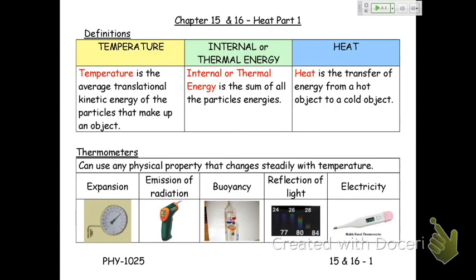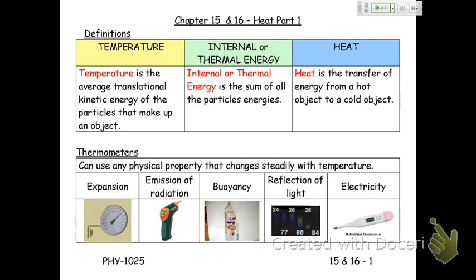The first three that come up the most often are the difference between temperature, internal energy, sometimes called thermal energy, and heat. And it's really all about internal energy. When you put energy into a substance, if it's a solid, the stuff vibrates more. If it's a liquid, it travels faster and collides more. If it's a gas, it travels faster and hits the walls of the container more.